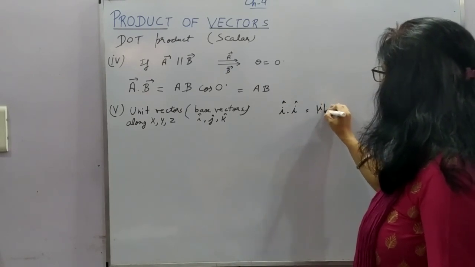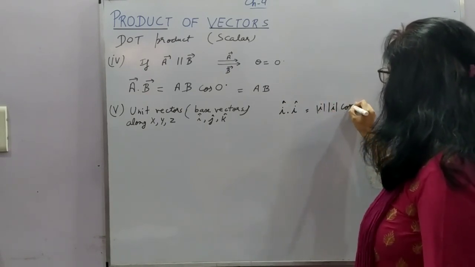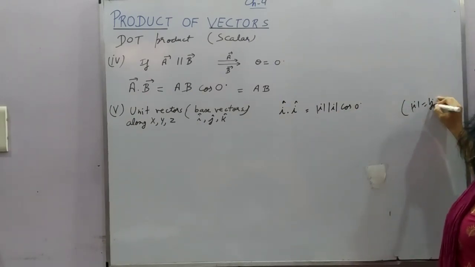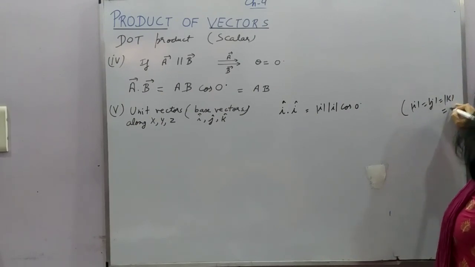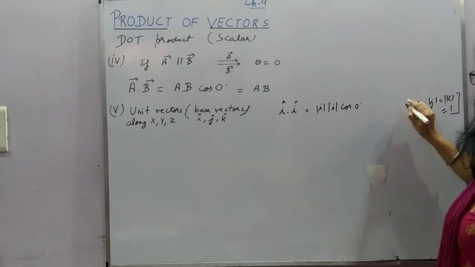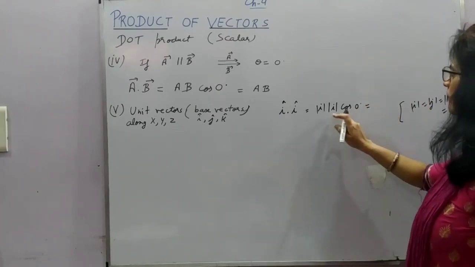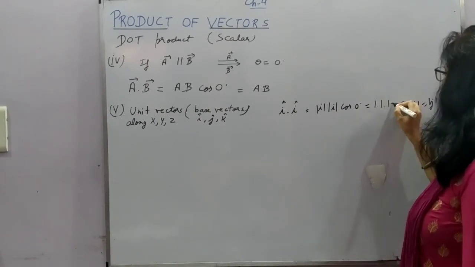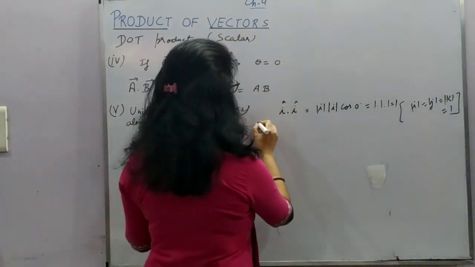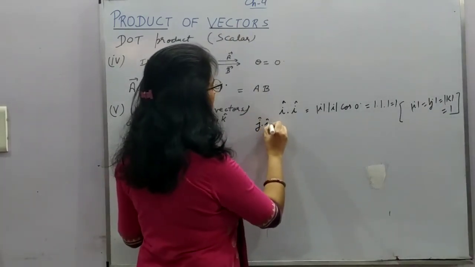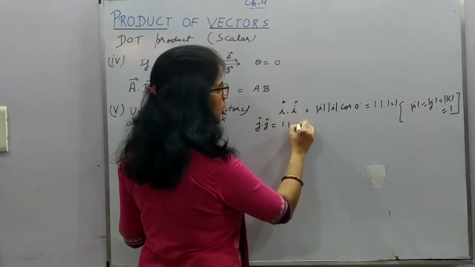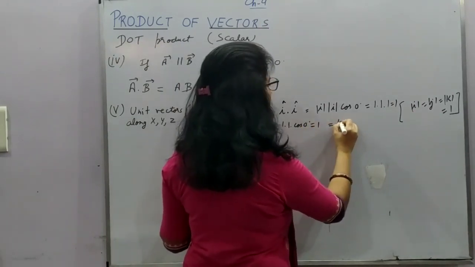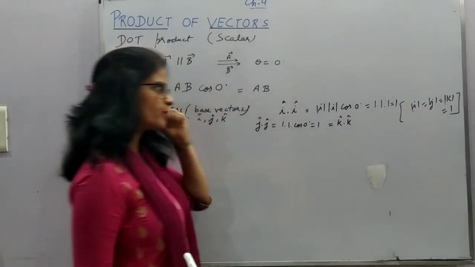Magnitude of i, cos of angle between i and i is 0 degree. And what is magnitude of i, magnitude of j, magnitude of k? This is 1. These are unit vectors. So I can directly write it. This is 1. This is 1. Cos 0 is 1. So this gives me 1. Similarly, j cap dot j cap can be written as 1, 1. Cos of angle between j and j is 0 degree. So this gives me 1. Similarly, k dot k cap will also be 1.